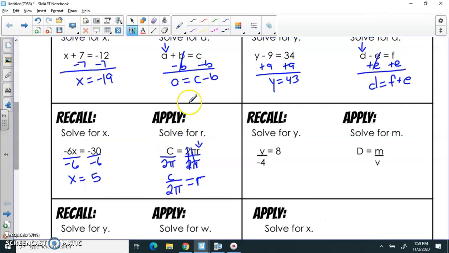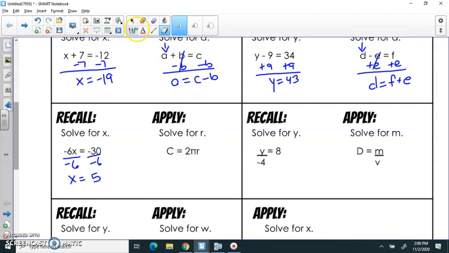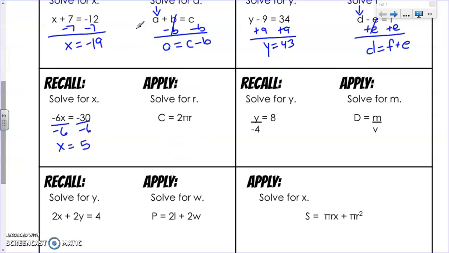Let's look at it again. This is 2 times pi times r, yes? I need to get r by itself.